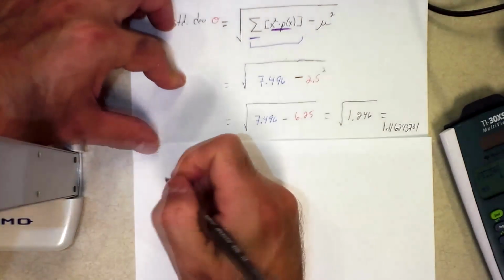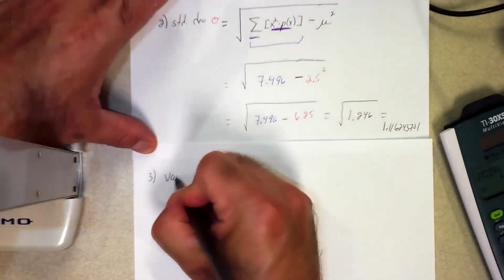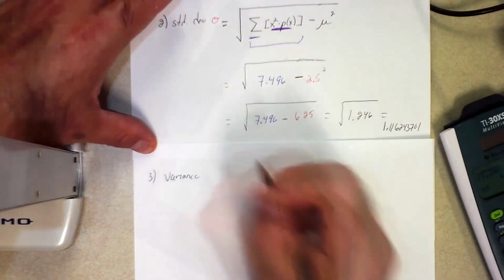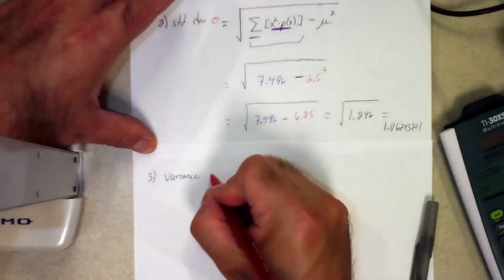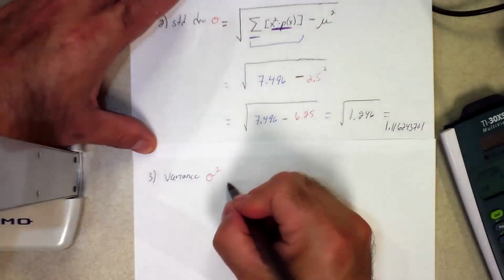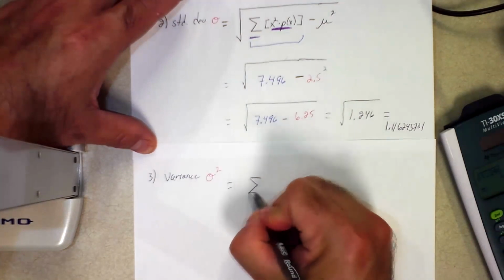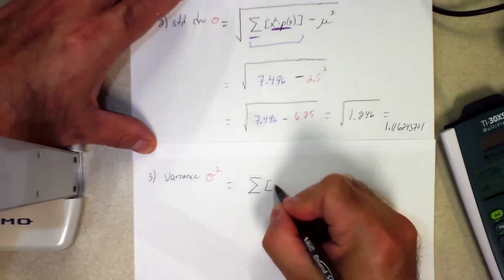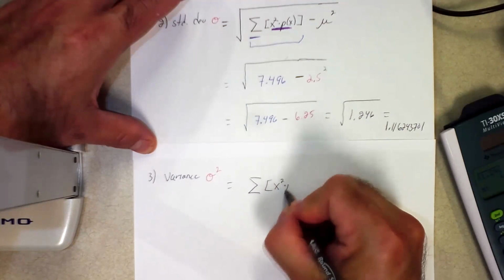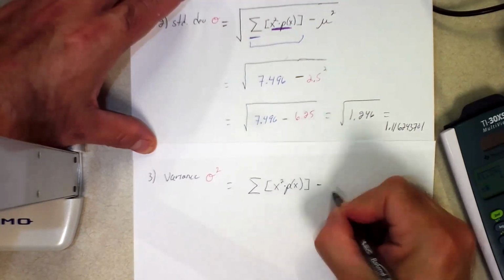Now I have to show you how to find the variance. As you recall, the symbol for that is sigma squared. So here's the formula. The sum of x squared times p of x minus mu squared.